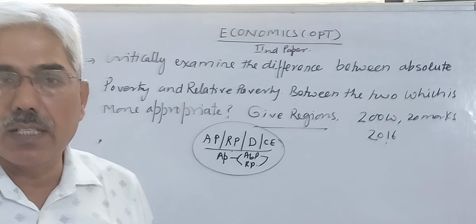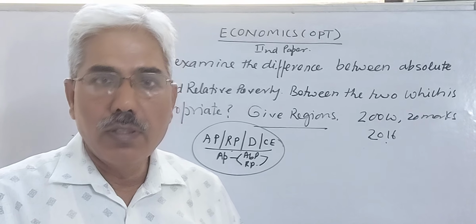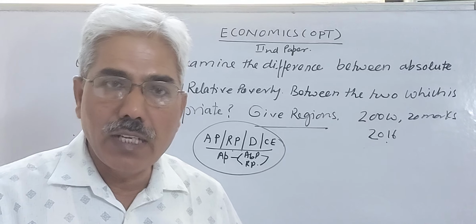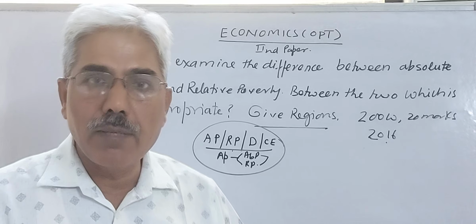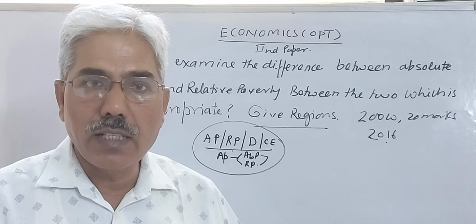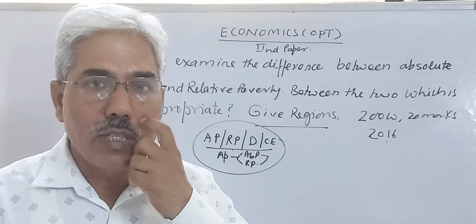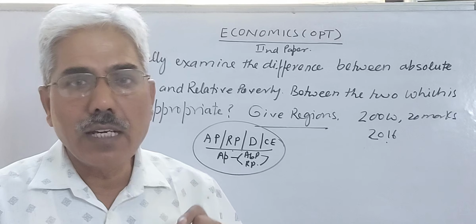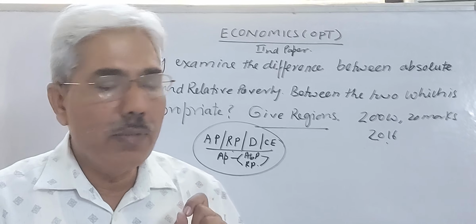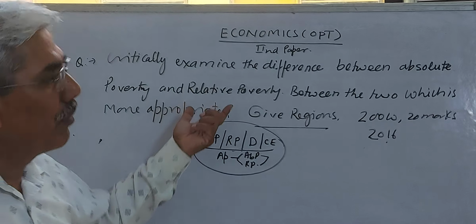Actually, relative poverty is based on the median income of the country. Suppose the median income of 50% of people of the country is say 10,000 rupees. If a person is getting say 9,000 rupees per month, he will be known as relatively poor.